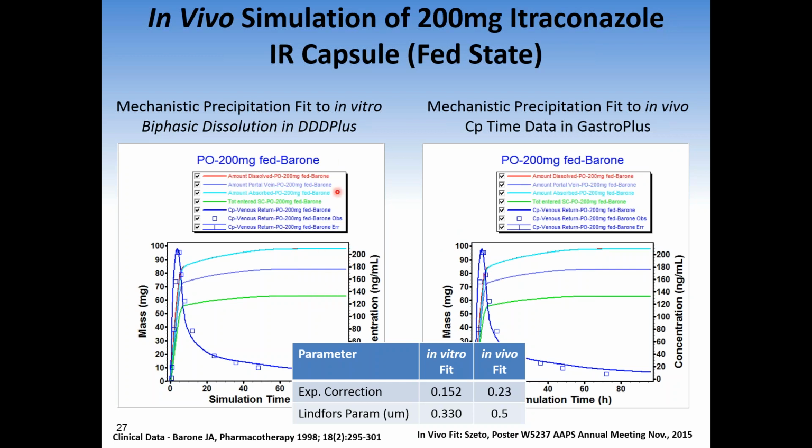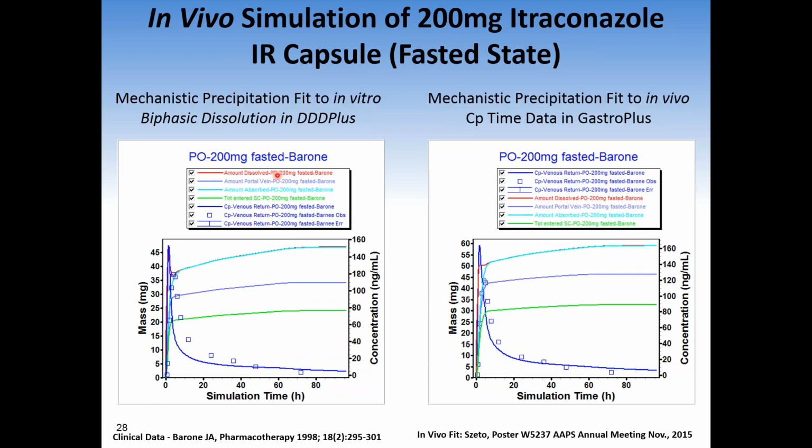So for this fed 200 mg tablet, we don't really see much precipitation. Obviously, the pH is a little bit higher in the stomach in the fed state, and there's more bile salt, so we don't see much precipitation for the 200 mg. In the fasted state, we do see some precipitation, and there are some differences between the capsule for the 200 mg dose of Vitro Kanazawa.